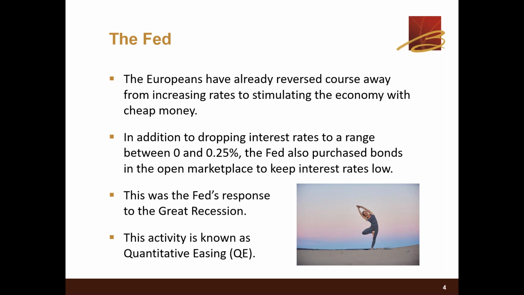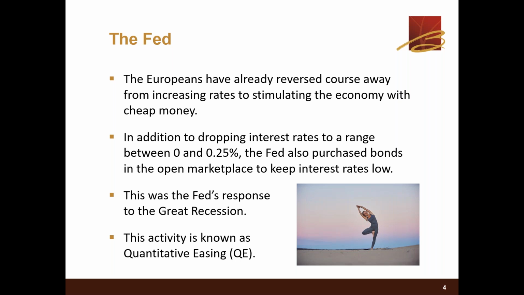But the response of the U.S. Fed to the Great Recession in that period of 2007, 2008, 2009 was to drop interest rates to between 0 and 0.25%. So very, very dramatic crisis-like move on the part of the Fed.